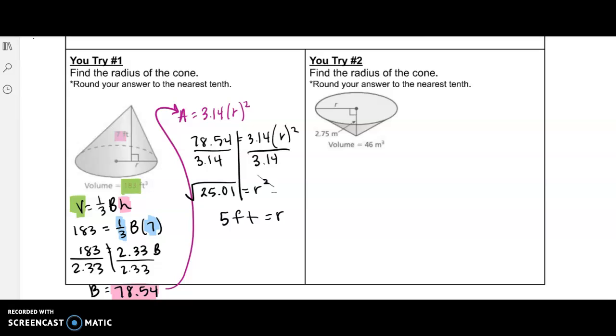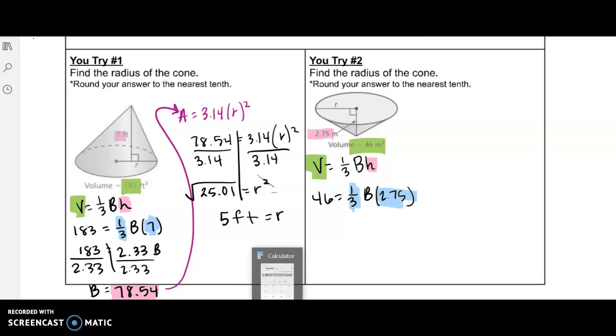So now try it number 2. We have our volume. So we are going to use volume equals 1/3 the area of our base times our height. So again, plug in that volume for V. So 46 equals 1/3 the area of our base times our height, which is 2.75. We are going to simplify by combining like terms. So 2.75 divided by 3.